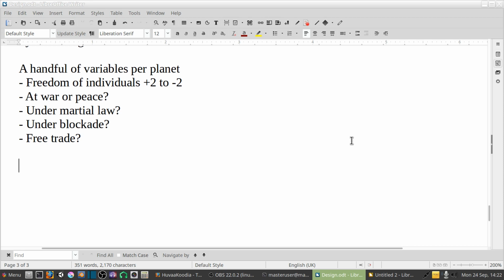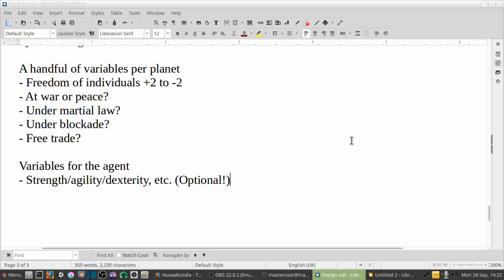Then the agent could have very basic things like strength, agility, dexterity, etc. These only affect the missions, and I think these are optional. I'm not going to start with those. I'm going to add them only if I can think of good reasons for these values, because memories are more important.